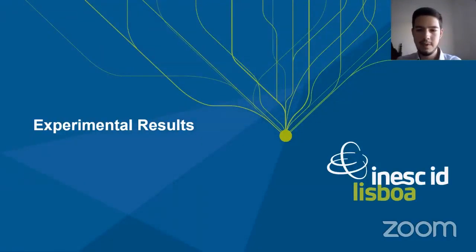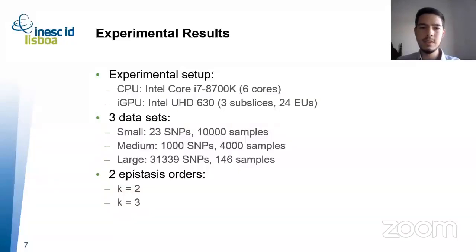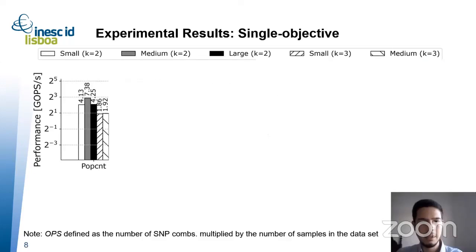Now, looking at the experimental results, the experimental setup consisted of an 8th generation Intel Core CPU with 6 cores, and an iGPU that contains 24 execution units organized in 3 subslices. 3 different datasets are used for epistasis detection with a differing number of SNPs and samples, and the results are organized also in 2 different epistasis orders, k equals 2 and k equals 3.